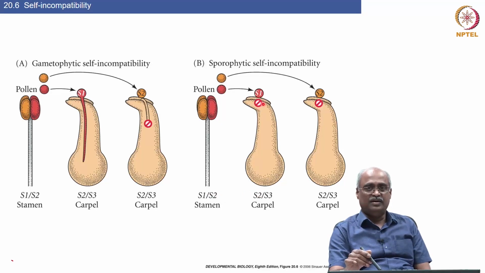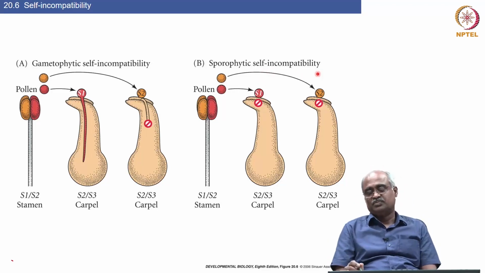And the mechanism for that is that although this is a gamete having the S1 allele, its outer cover is derived from the sporophyte, and that sporophyte has the products of the S2 allele. So this is sporophytic incompatibility, and we call it as such.